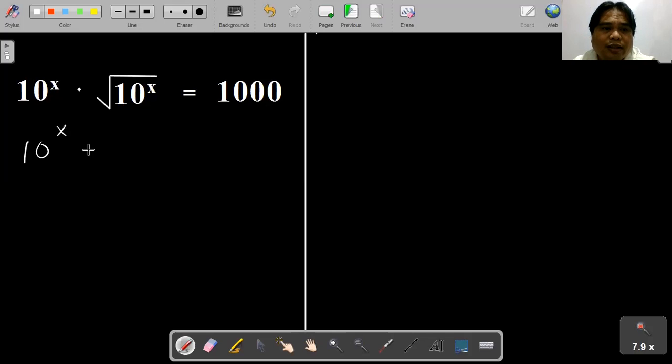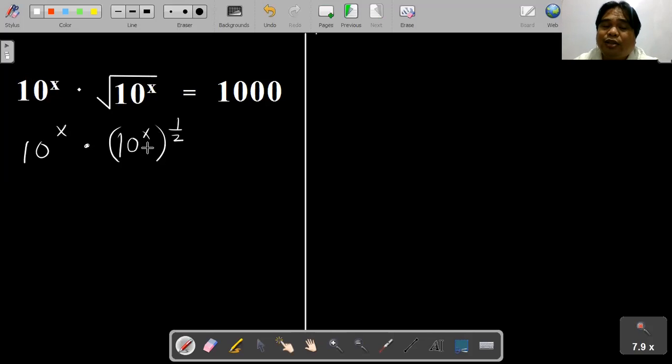10 to the power of x times, I will have to transform this radical expression into 10 to the power of x, all to the power of 1/2. It's the same. This one is a radical expression, and this one is an expression with a rational exponent.